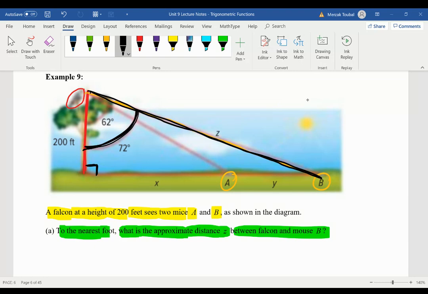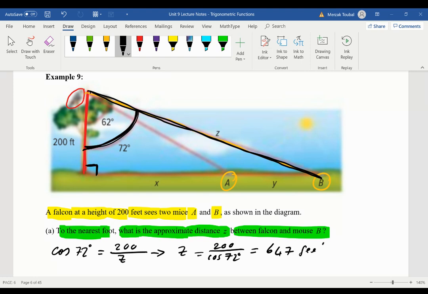Cosine of 72 degrees equals adjacent, which is 200, divided by hypotenuse, which is z. Since we're looking for z, then z is 200 over cosine of 72 degrees. When you divide 200 by cosine 72 degrees, you approximately get 647 feet. And that's the distance between the falcon and mouse B.